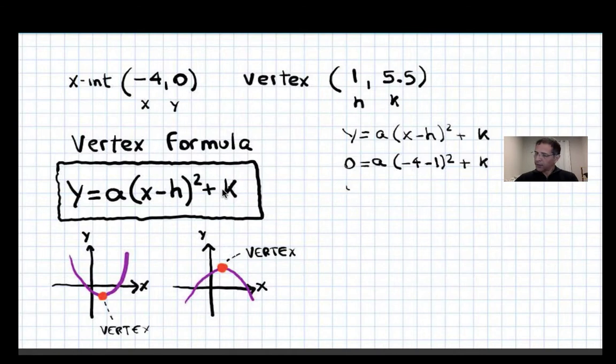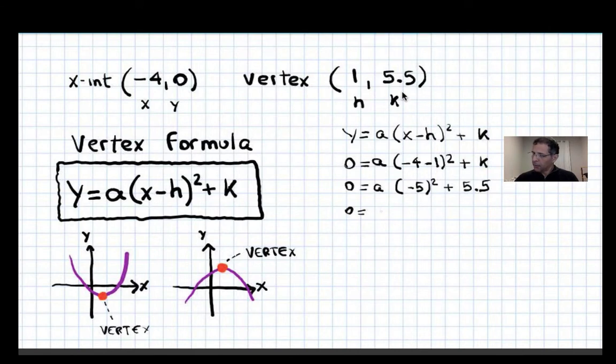Now 0 equals a times (-4 minus 1), which is -5, squared, plus 5.5. Why 5.5? Because k is 5.5.